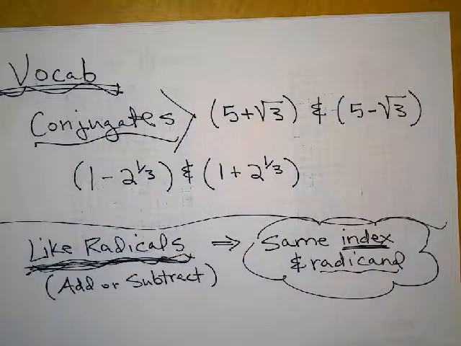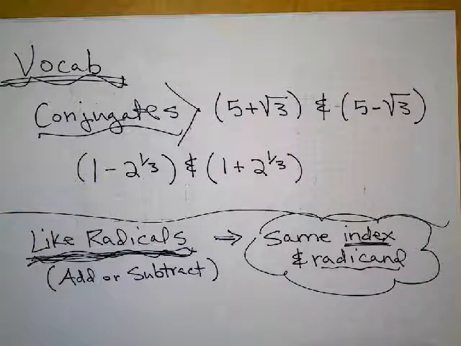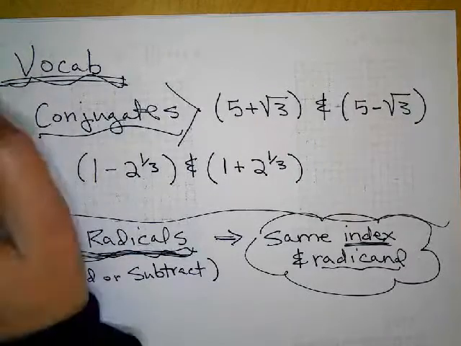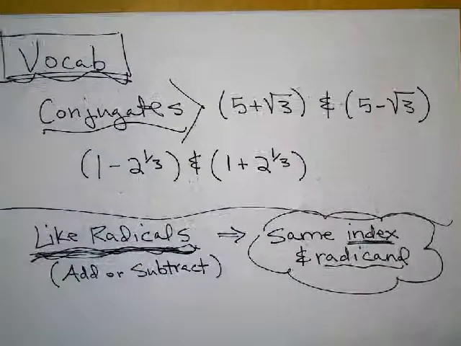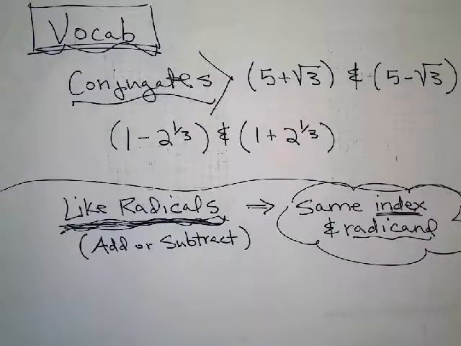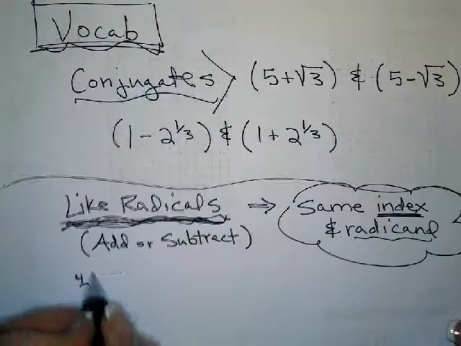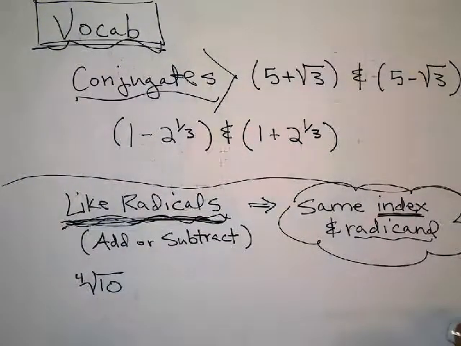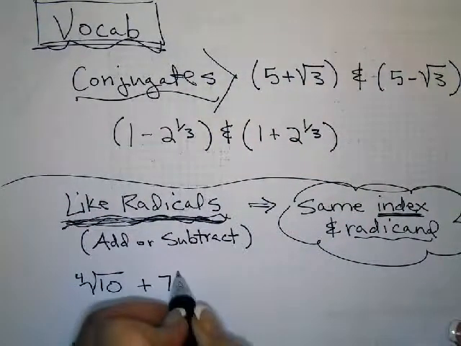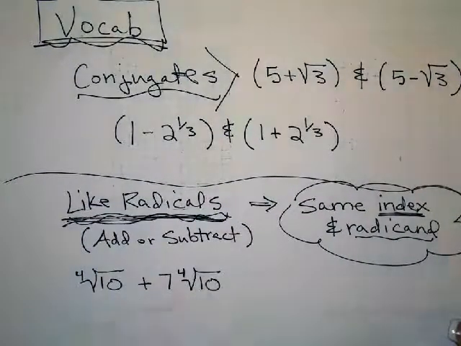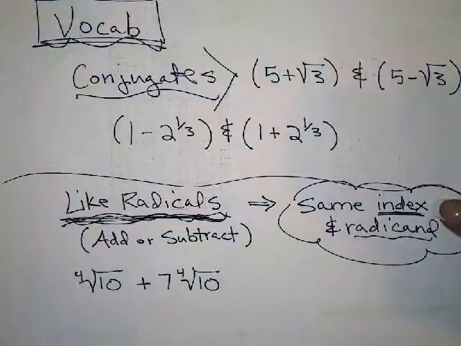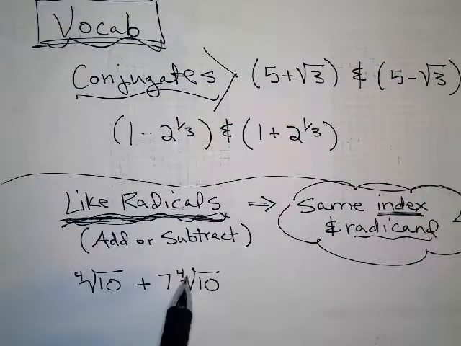So then when we go to look at the next lines of work there, we have a 4th root of 10 plus a 7 4th root of 10. So when we talk about this index and radicand, the index is the 4, they're the same. The radicand is the number underneath, which is 10 and 10.